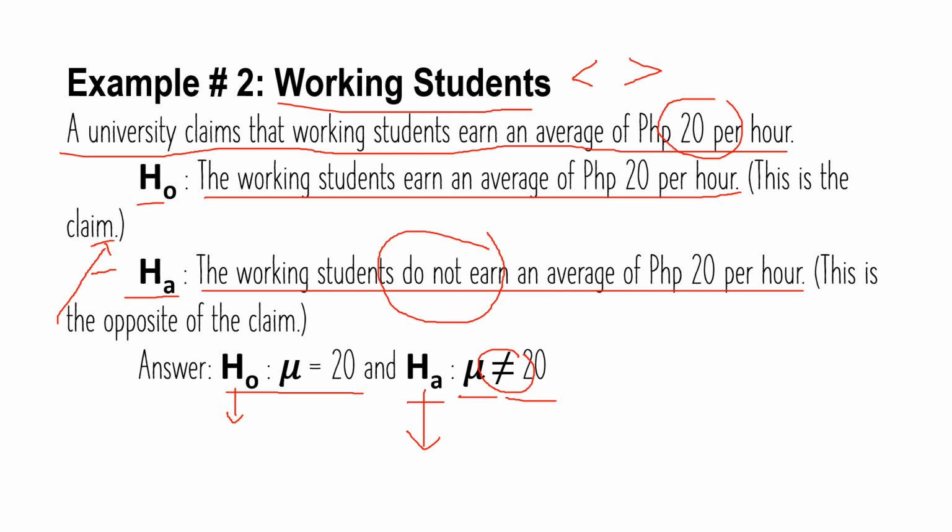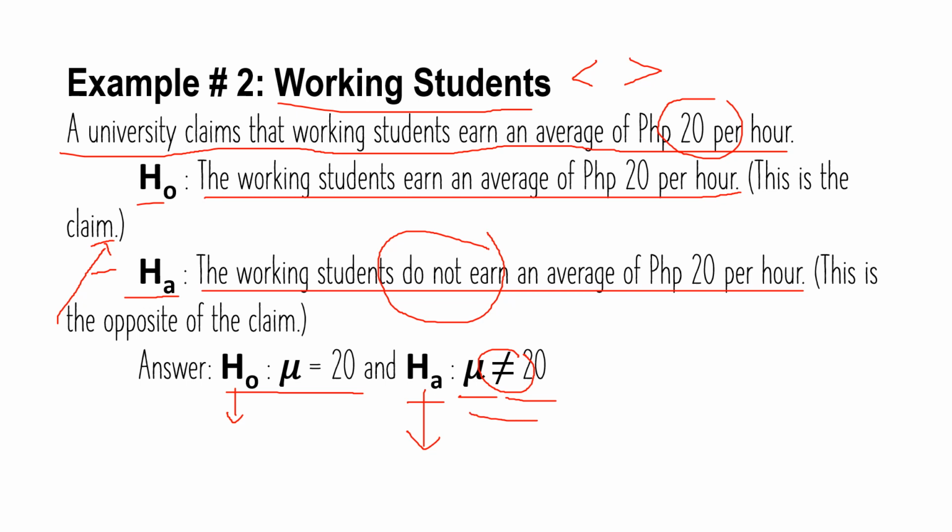Since no words are mentioned in your problem, like less than or greater than, then we use the not equal to symbol, because we don't know if that is less than or greater than in reality. Your mu, or your mean, is not equal to 20.